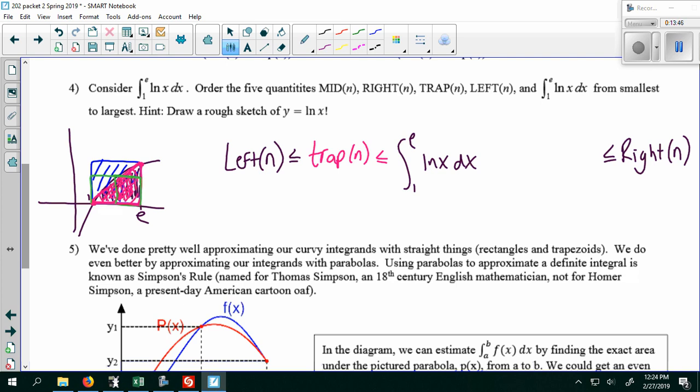So my overestimate piece is over here, and my underestimate piece is over here. And it looks like I have more area above the curve than under the curve. So this is in general an overestimate, but it is a much better overestimate than the right n was. So this is going to be mid n. It's an overestimate, but it's better than right n.